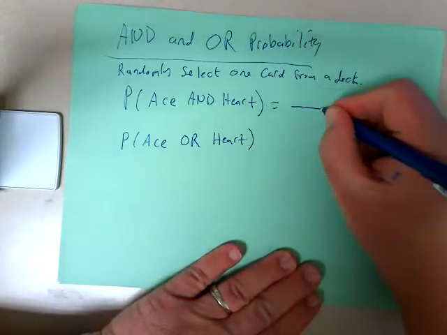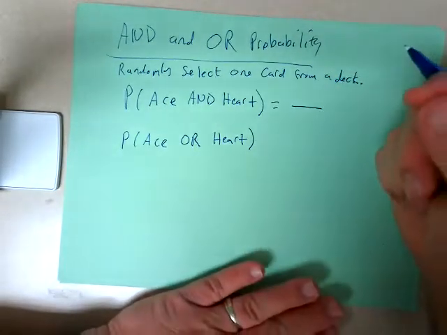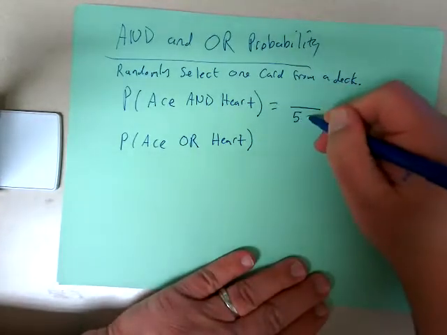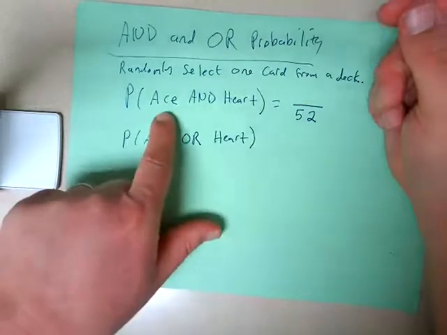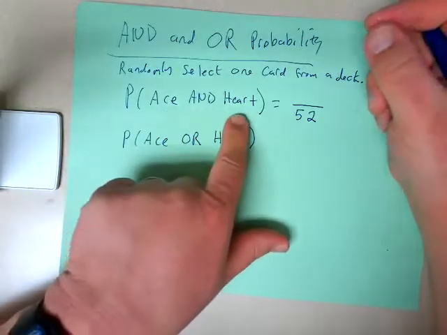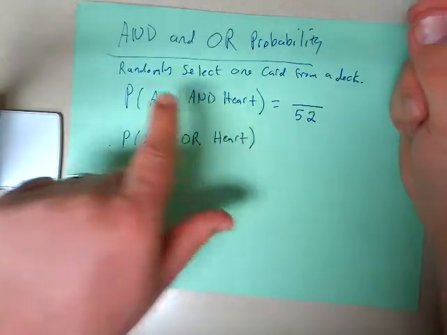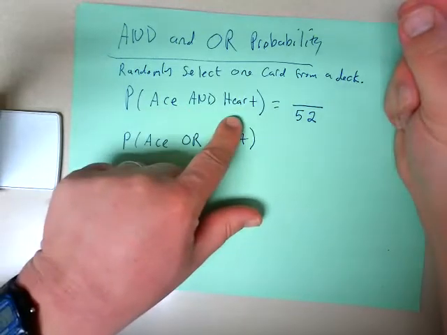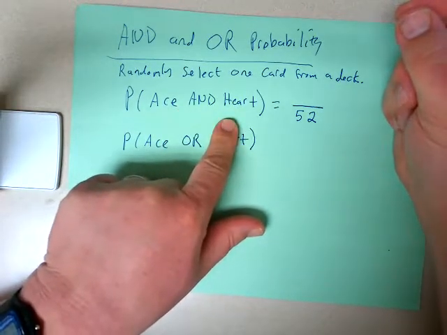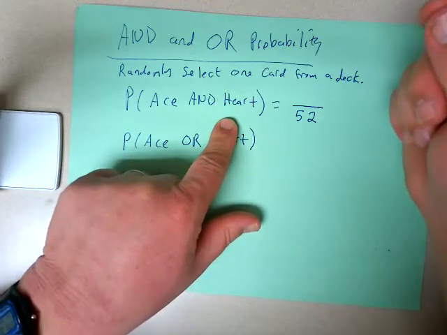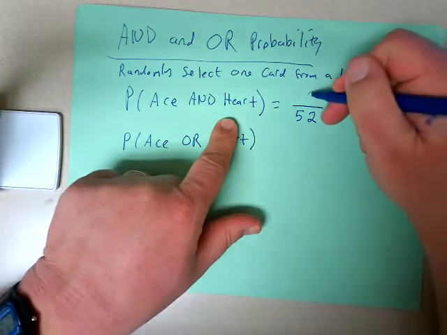Okay? So when you draw a card from a deck, there's 52 outcomes. So you have 52 on the bottom. And now my event is ace and heart. So that one card I draw has to be an ace and a heart. It has to be both. So how many cards are like that? There's only one. And that is the ace of hearts, right?